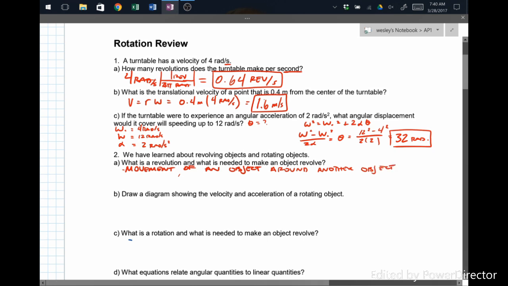We revolve around the sun, and what we need is a force like gravity or tension, friction, or any other number of forces. Normal force would work. A force is needed to keep the object on a circular path.